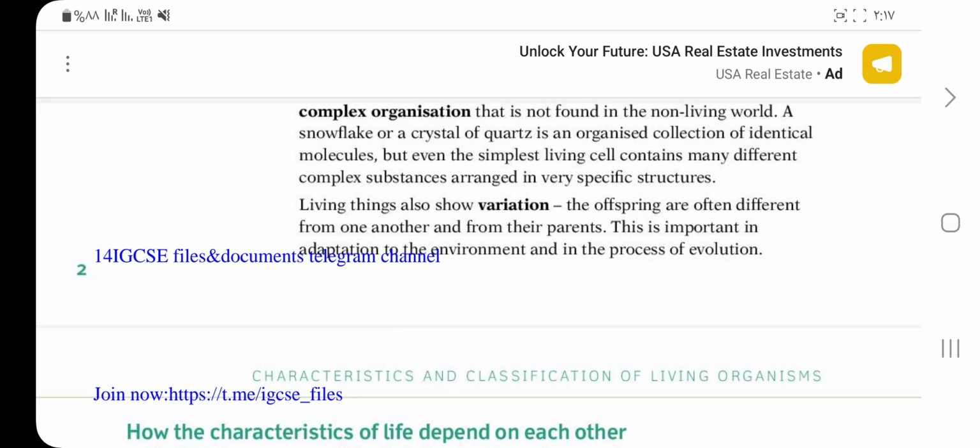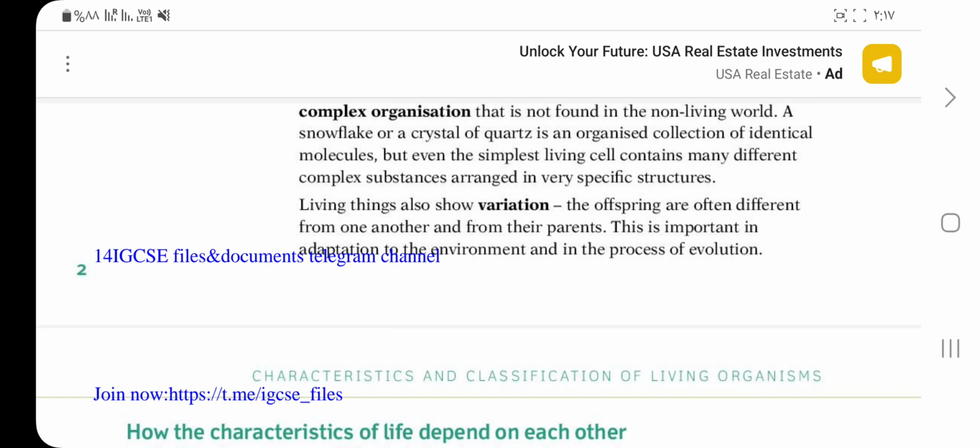A snowflake or a crystal of quartz is an organized collection of identical molecules.